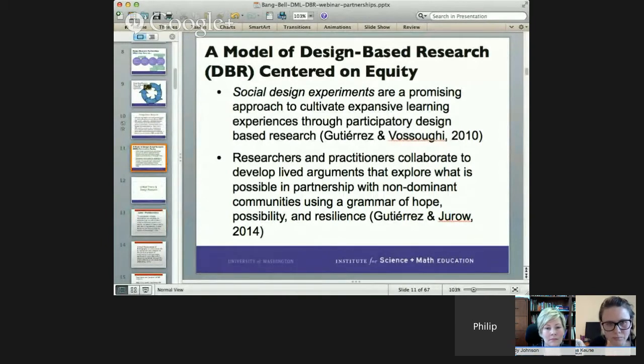What I want to highlight here is that, one, it's focused on expansive learning and experiences through participatory design or co-design. And really this idea that Chris and Susan articulated as exploring what's possible in partnerships with non-dominant communities using a grammar of hope, possibility, and resilience. So how do we take up those kinds of sensibilities while we're engaged in DBR work?